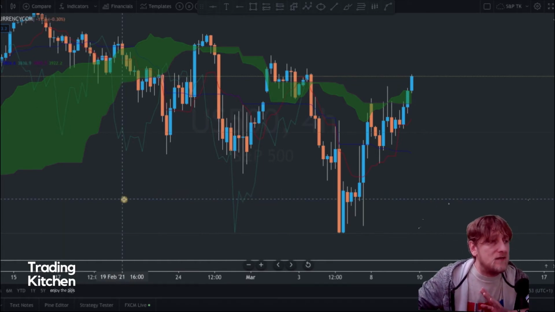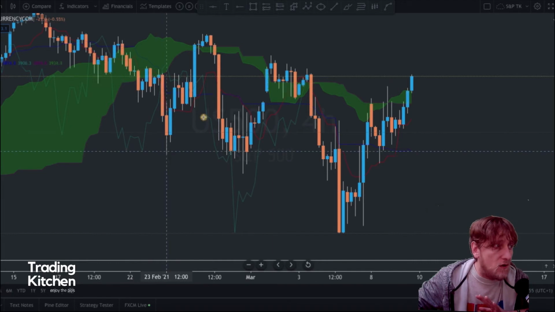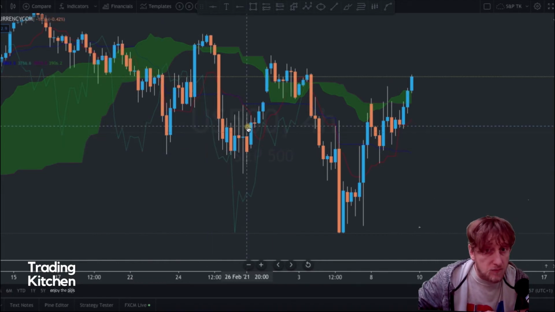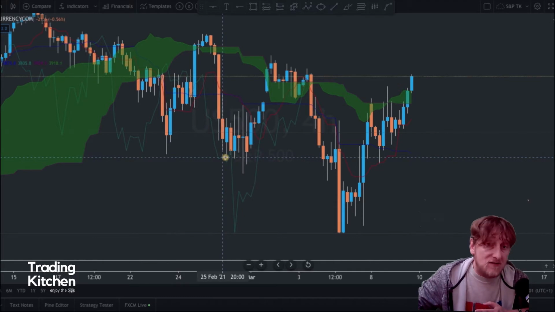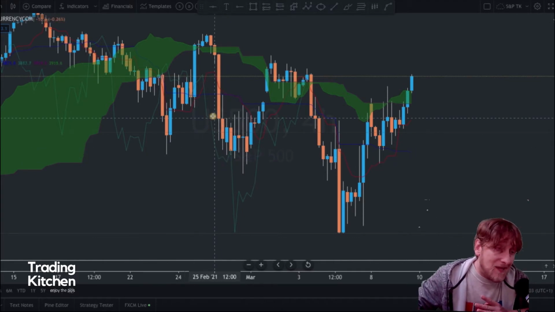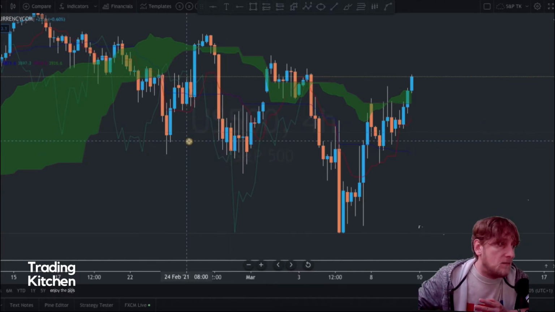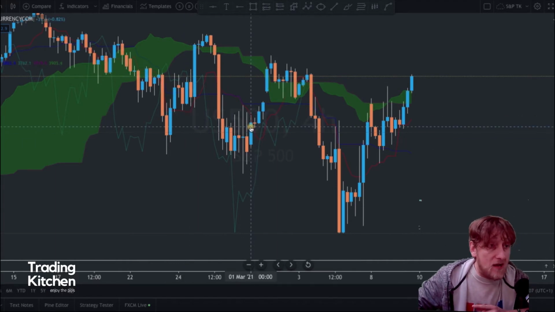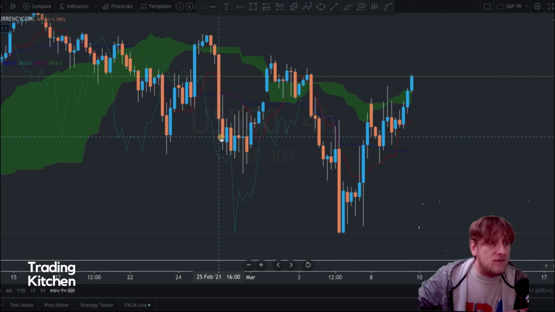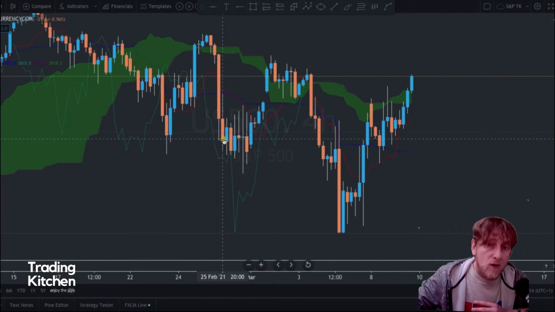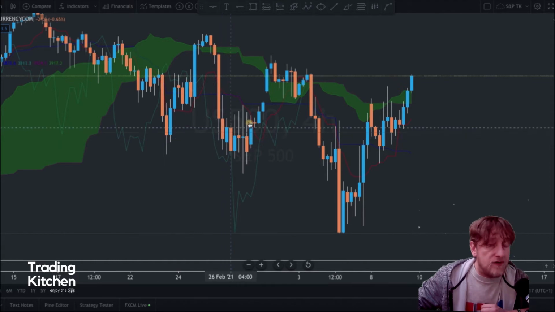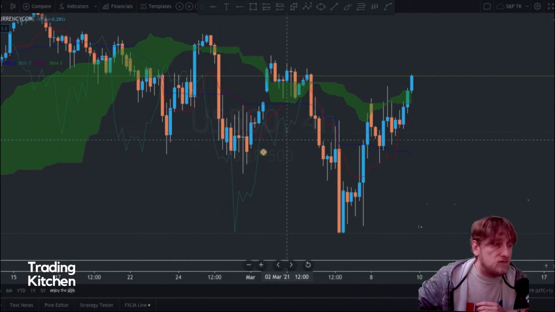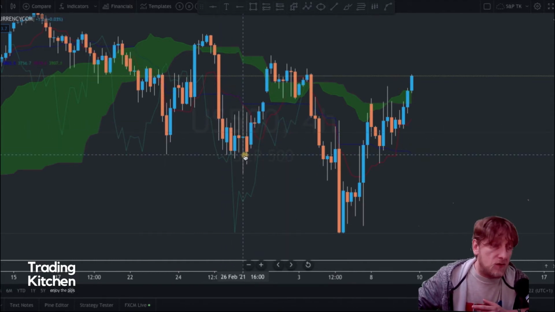The conversion line signals an area of minor support and resistance, just because it is faster. It also moves much faster than the other line, which is the baseline, the blue line, and reacts to trend changes very, very quickly.